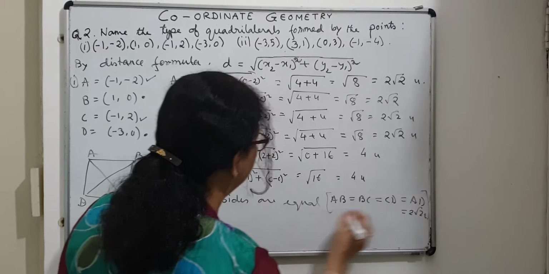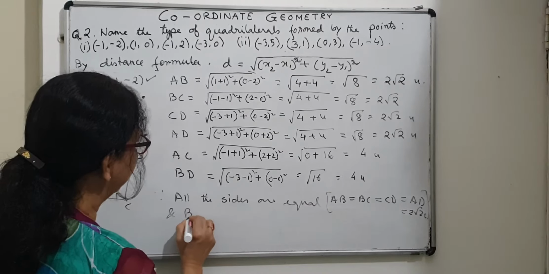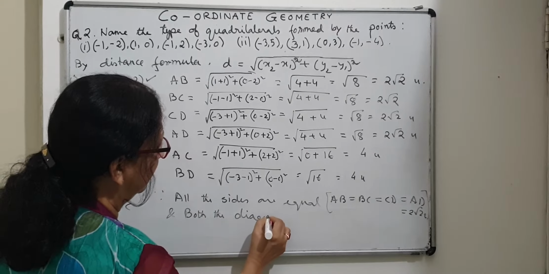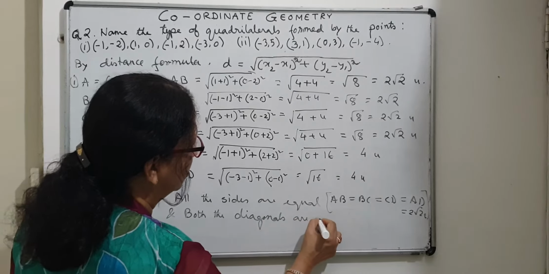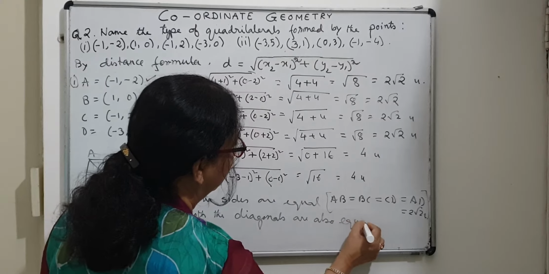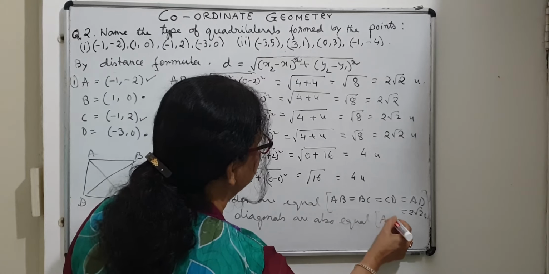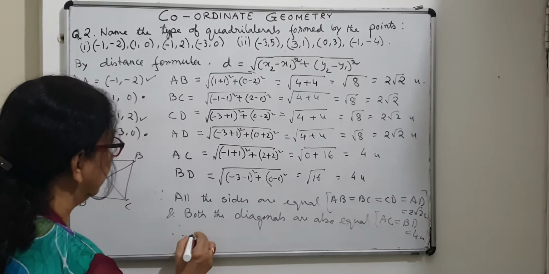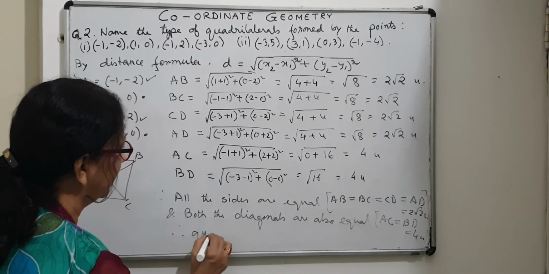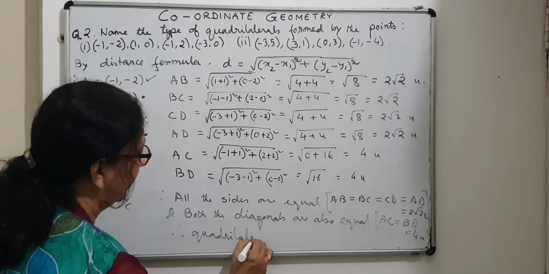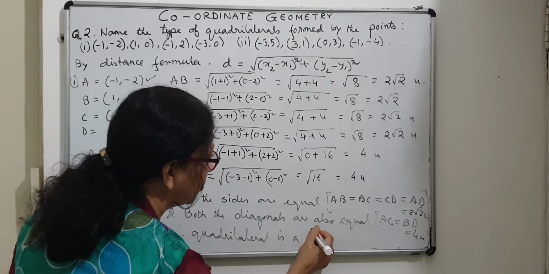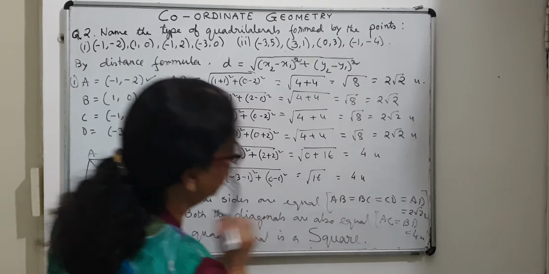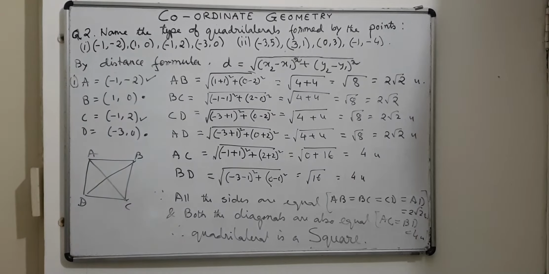That is, all the sides are equal, and both the diagonals are also equal, that is AC is equal to BD is equal to 4 unit. Therefore the given quadrilateral is a square. In this way we determine. Okay, fine.